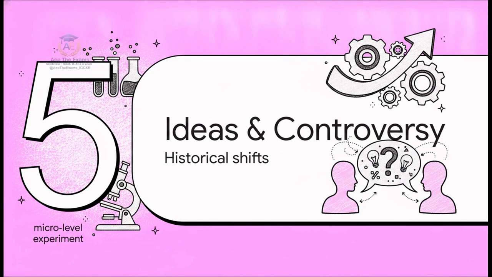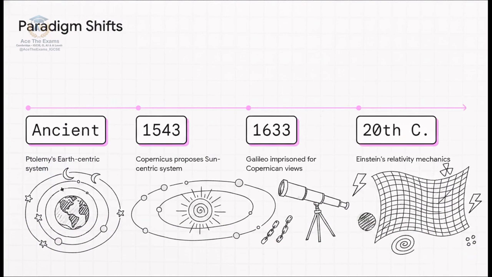Let's look at how these tiny lab techniques actually drive massive historical paradigm shifts. It literally took centuries of meticulous, painstaking observation to shift human understanding of the universe. I mean, think about it. We went from the ancient Earth-centric model proposed by Ptolemy all the way to 1543 when Copernicus finally said, hey, I think the sun is actually at the center.